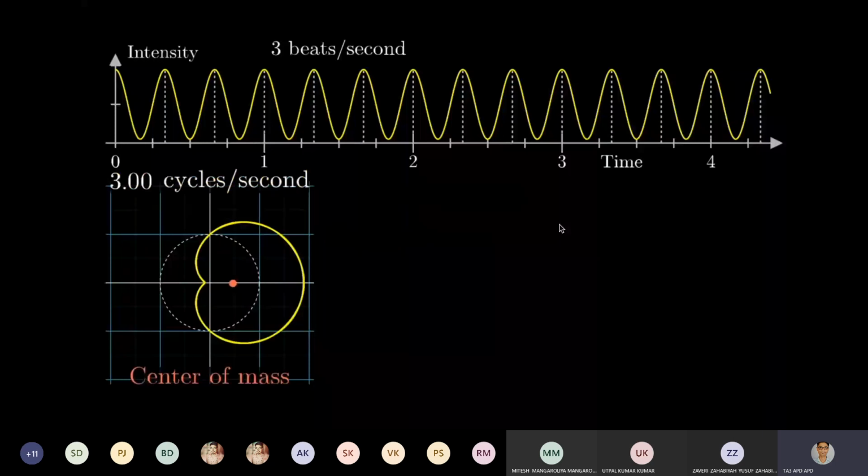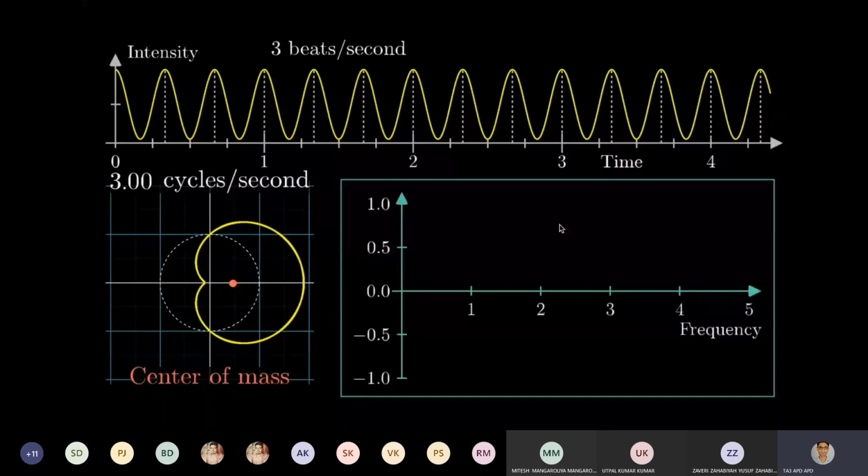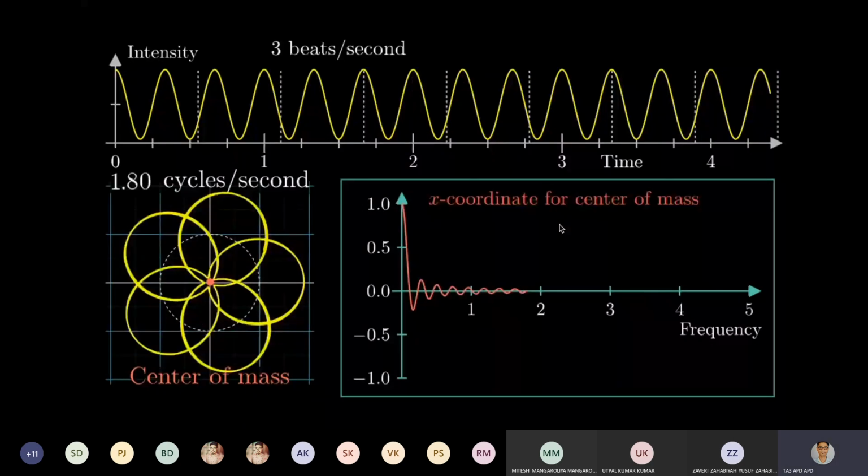Here, to capture this, let's draw some kind of plot that keeps track of where that center of mass is for each winding frequency. Of course, the center of mass is a two-dimensional thing. There are 2 coordinates to keep track of, but for the moment, let's only keep track of the x coordinate. So for a frequency of 0, when everything is bunched up on the right, this x coordinate is relatively high.